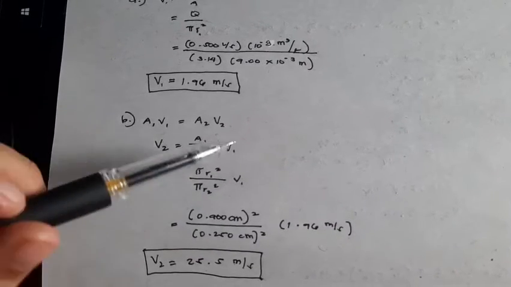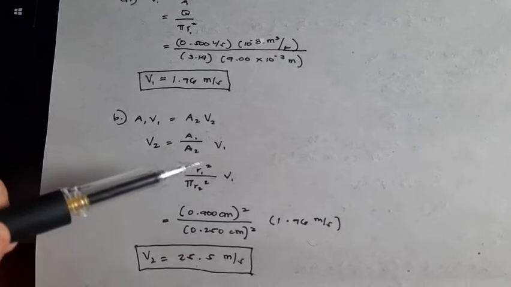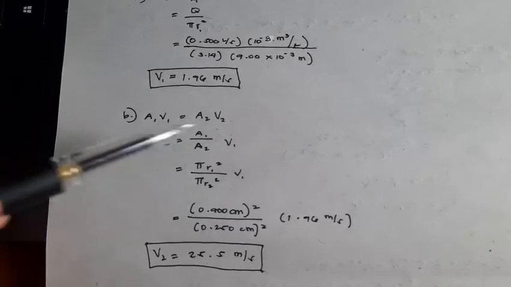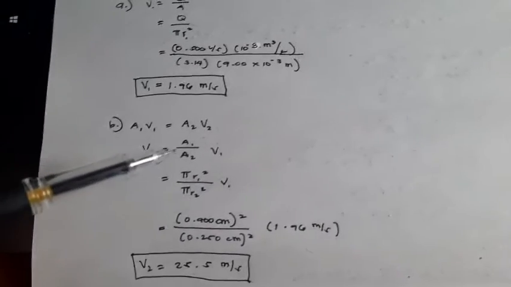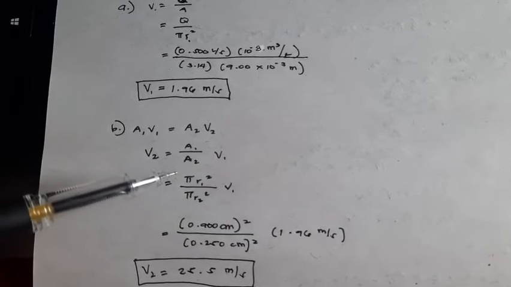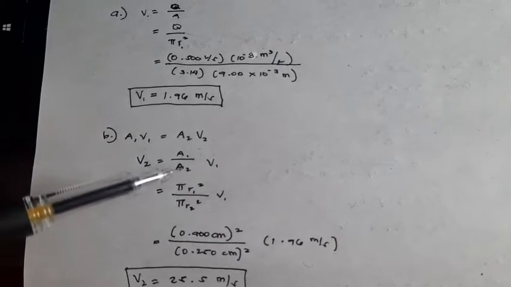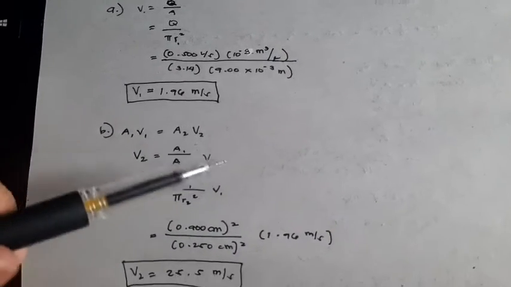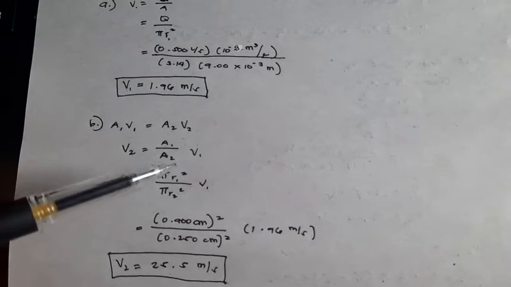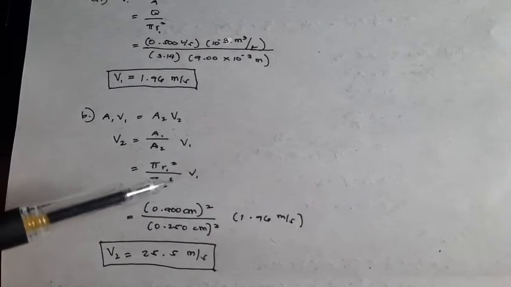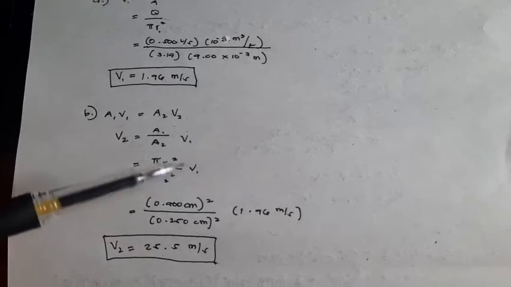So V2 is equal to A1 over A2 times V1, so is equal to pi r squared over pi r squared, r2, times V1.